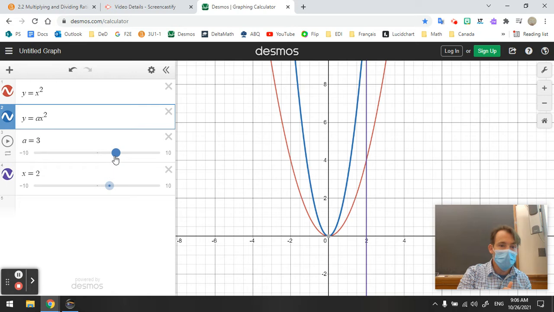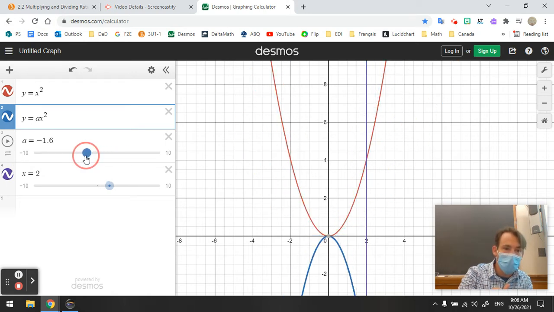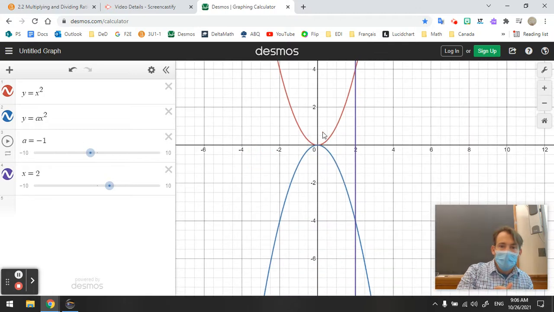Now if we take a look at negative values of a, which we've already previewed, we want to be able to say that it flipped. It became a sad parabola instead of a happy parabola. It's now no longer a bowl collecting rainwater. It's now an umbrella shielding you from rain. All are really valid observations.